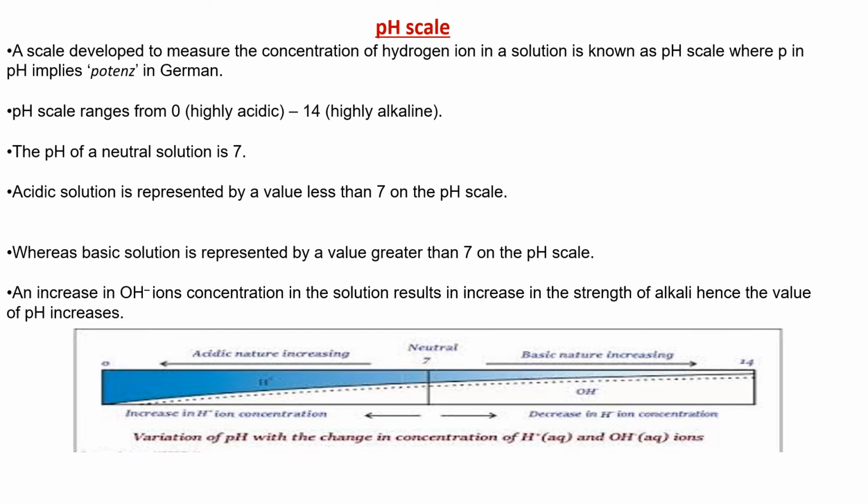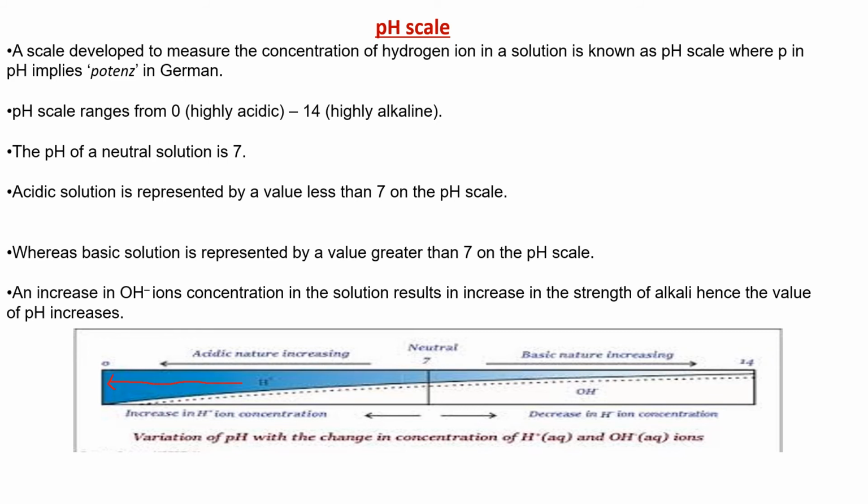Look at this. When the hydrogen ion concentration is more, there is an increase in acidity. As you go to the right-hand side, you see this blue becomes lighter and totally gone.